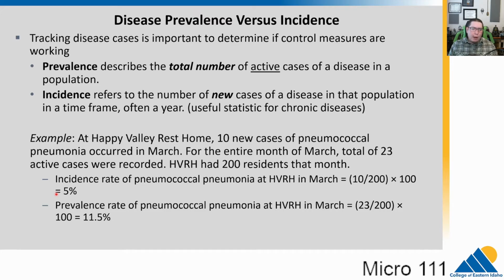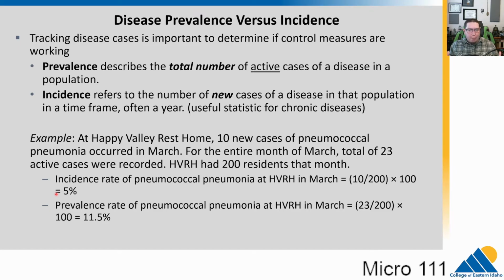So that's a little worrying, right? 11% of your nursing home has pneumococcal pneumonia. I'd say that's an outbreak of some sort occurring, right? It's probably being transmitted from one person to another. So an outbreak is going to be marked by both an increase in incidence and an increase in prevalence.